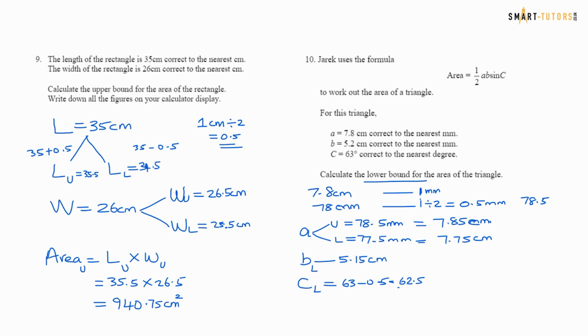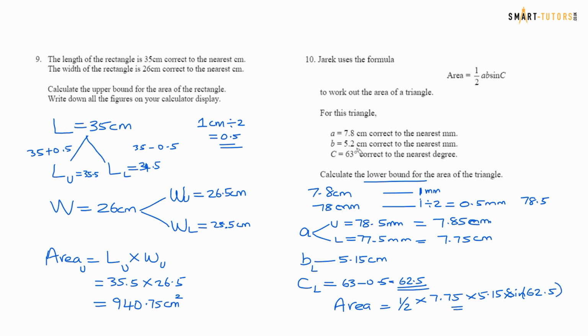So this is the lower value of the angle C. So the area is equal to half times A lower bound 7.75 times B lower bound 5.15 times sine 62.5. So that is the answer.